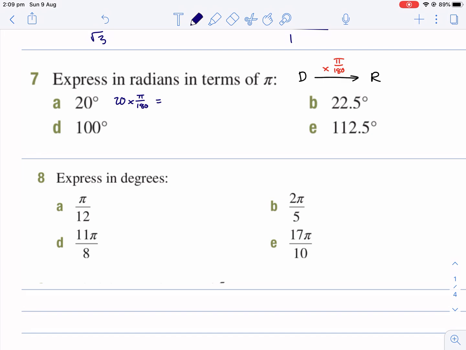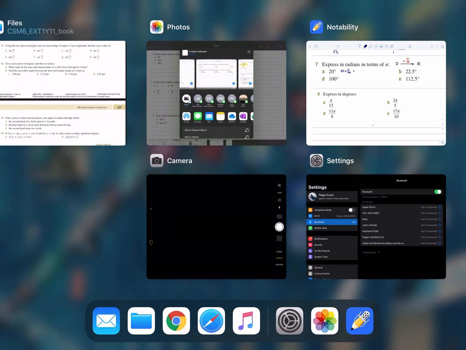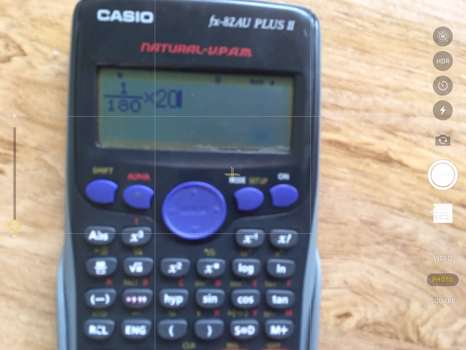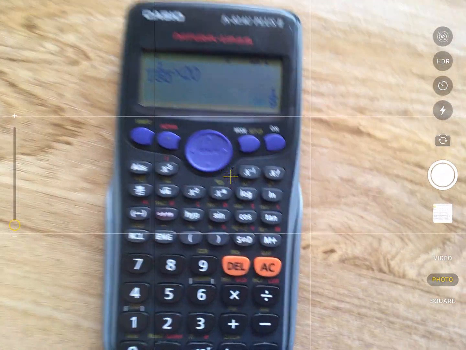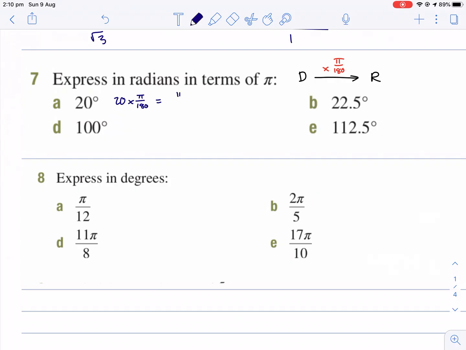So when you do it in your calculator, we're going to put it in like this. Gives us 1 on 9, which means we're going to write our answer as 1 pi on 9.